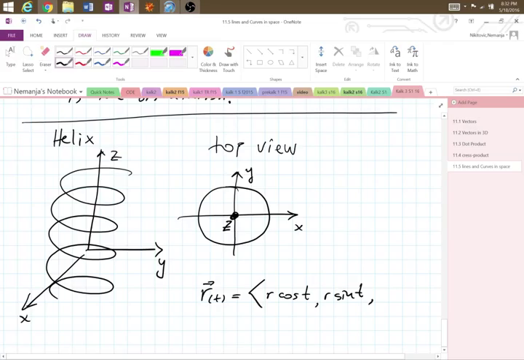And then depending on how the last component looks like, we are going to have different types of rise for a helix. So if it's t, it's going to be linear rise, which means that each one of these will be equally spaced as it goes up.